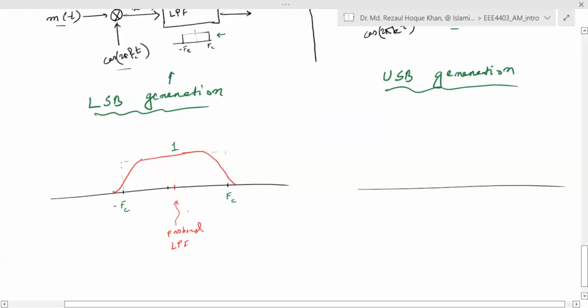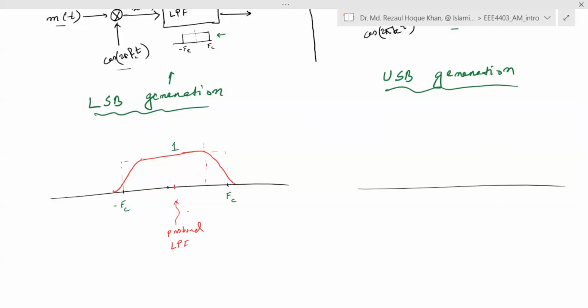And you see here there is a transition between this and this one. This is the pass band, then this part is the stop band, this portion where no signal is passing through. This portion is called the transition band.